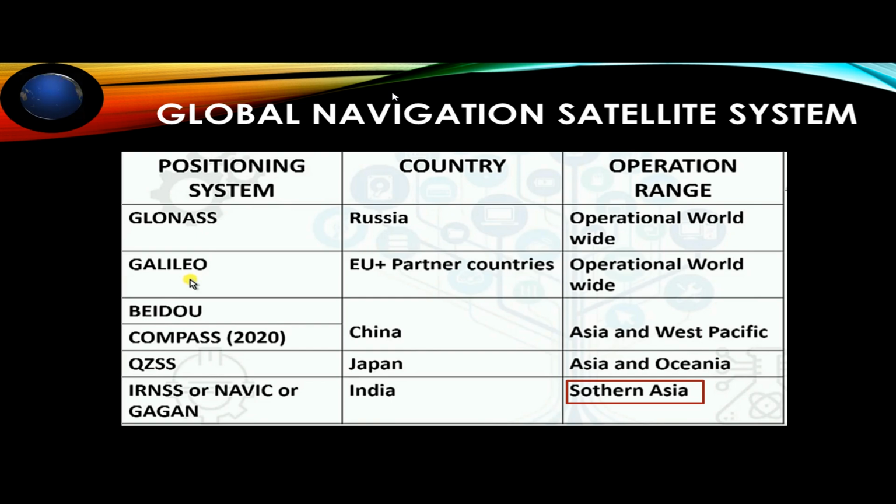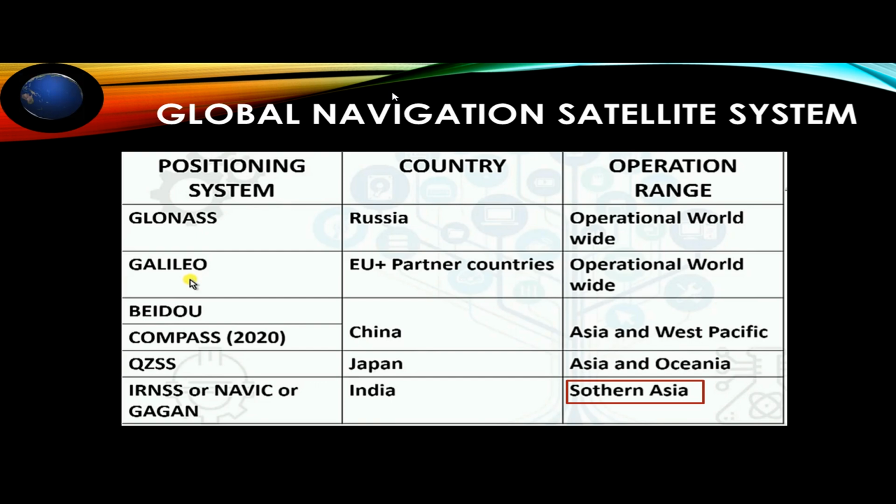GLONASS has been developed by Russia, but it is operational worldwide. So if we need some Indian data, we can get it from that also, if we have access. Galileo belongs to the European Union and partner countries, and it is also operational worldwide over the globe.